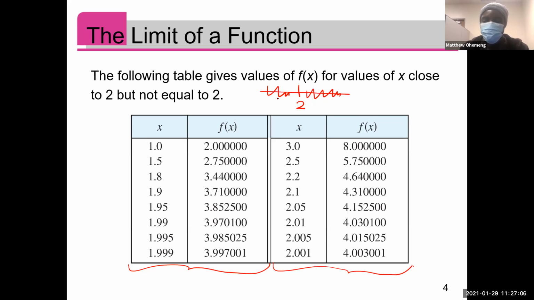If you're approaching from the left, the numbers have to be smaller than 2. Looking at this side, they tried 1.5, 1.8, 1.9, 1.95, 1.99, 1.995, 1.9999, and they are computing the value of f of x for each of these x's.